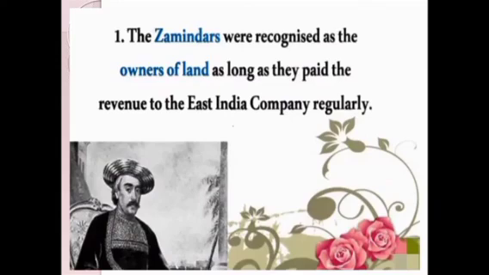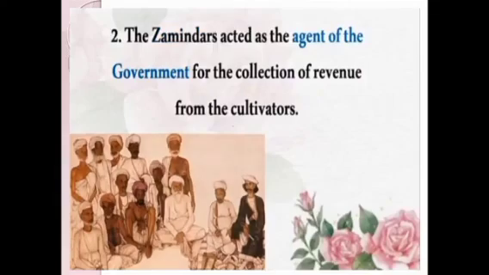So, according to permanent settlement, the zamindars were considered as the land owners. As long as they paid the tax to the British East India Company, the zamindars were considered as the land owners. So, this is the first feature. The second feature is that the zamindars acted as the agent of the government for the collection of revenue from the cultivators.